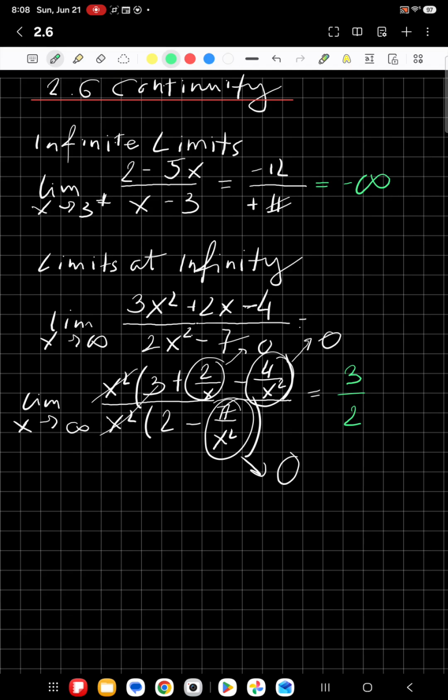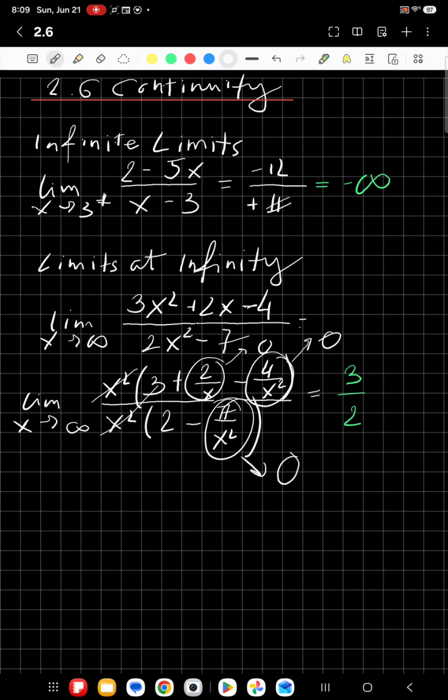And the third thing we talked about was asymptotes. So there's a definition of asymptote where limit is approaching a vertical. I'm talking about vertical asymptotes, when limit is approaching a certain number. So let's write the definition.